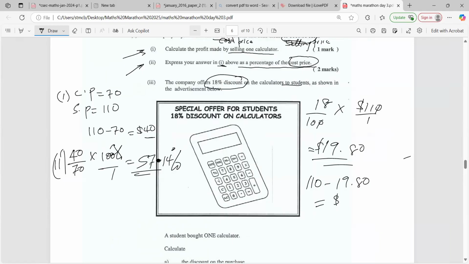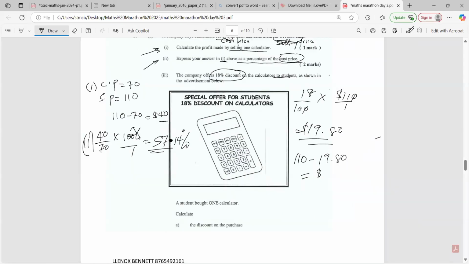Let me read it, but the question was here. They say it's shown here, but they just ask for the discount on the purchase. So the discount on the purchase was 19.80. Now what the customer pays, technically, the customer would now pay this after the discount.